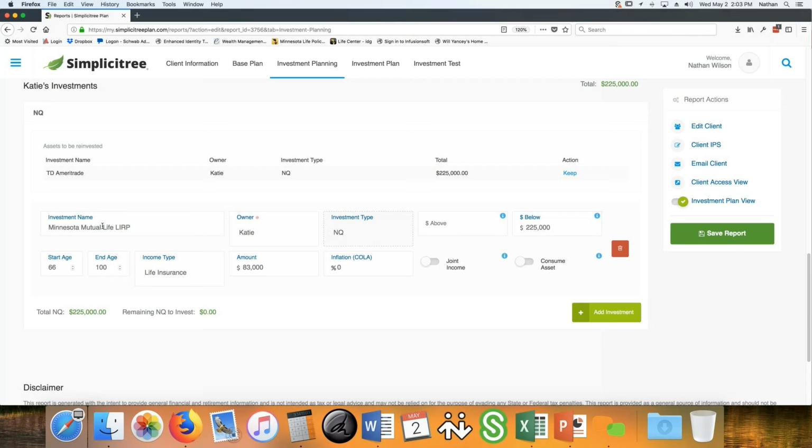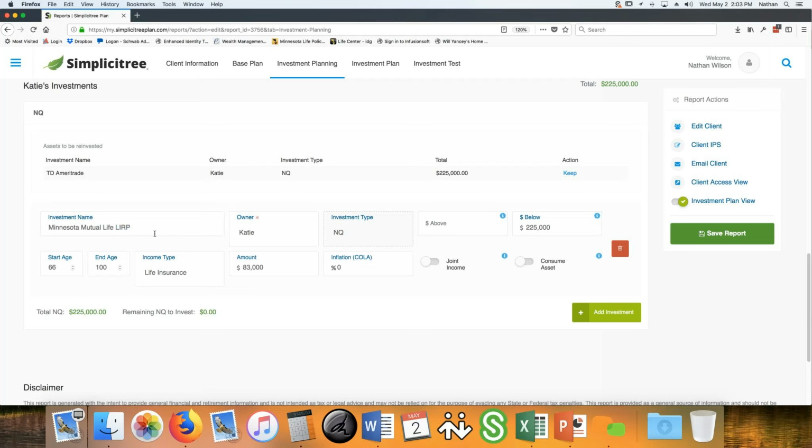And we're putting it with a custodian that's been around for over 100 years, Minnesota Mutual Life. And then on this acronym, LIRP stands for Life Insured Retirement Program. So what that means is there is an element of the traditional death benefit, for the LI part of life insurance. But we're more concerned about the RP part of the word LIRP. The RP is the retirement plan.